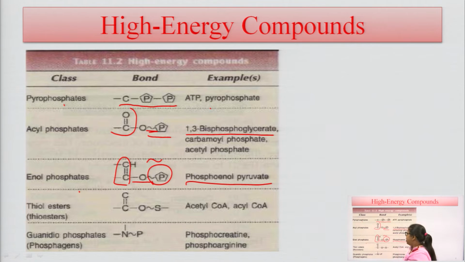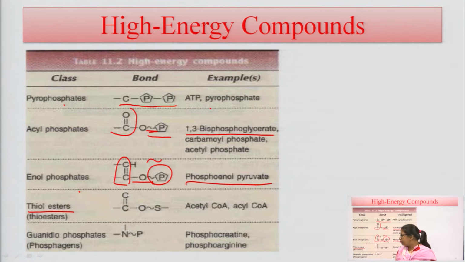The next class is thiol ester, which is also known as thioesters. These are an important class because they are responsible for the metabolism of lipids, and they are also helpful for the metabolism of carbohydrates in the Krebs cycle or beta oxidation of fatty acids. Examples are acetyl coenzyme A or acyl coenzyme A. Acyl and acetyl coenzyme A are synthesized in fatty acid metabolism, where beta oxidation of fatty acids occurs, producing acetyl coenzyme A at the last, and acyl coenzyme A in the different intermediate reactions.